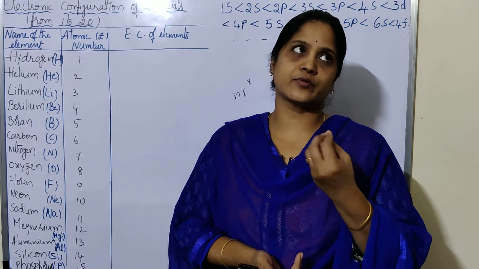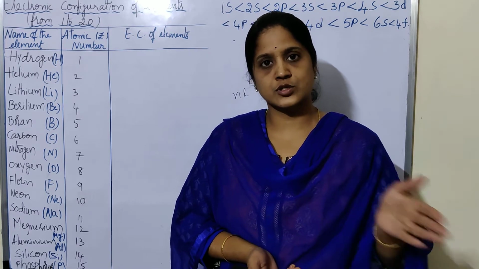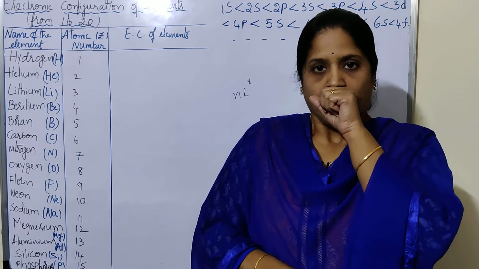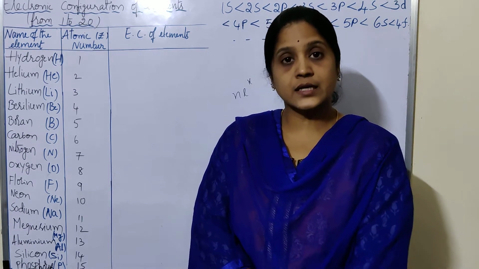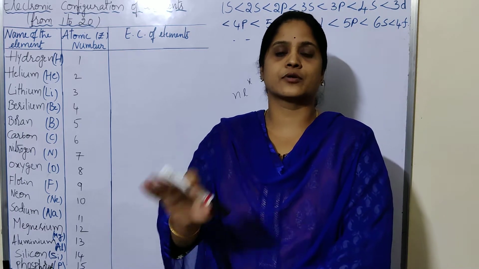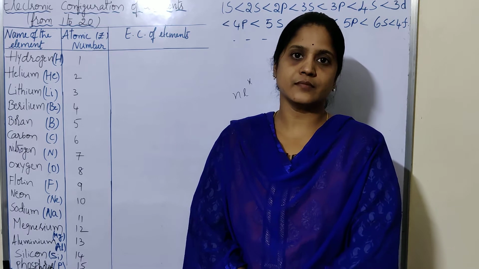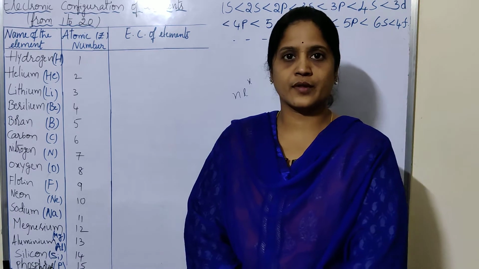They will give you some element and ask you to write the electronic configuration of that element. And sometimes they will ask you to write the filling of electrons in the orbitals of a particular element. All that I will explain in this video.